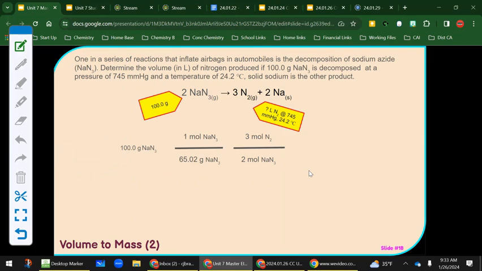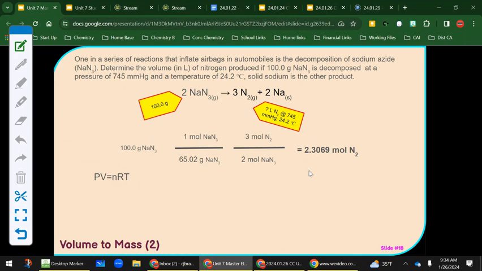PV equals nRT is a little bit different formula, it doesn't fit well into this unit cancellation method. So I'm stopping here to get the moles of N2. Now that is going to have to go into PV equals nRT. So that's the reason for this change of me not continuing with another conversion factor here, because there isn't an easy one to do with PV equals nRT.